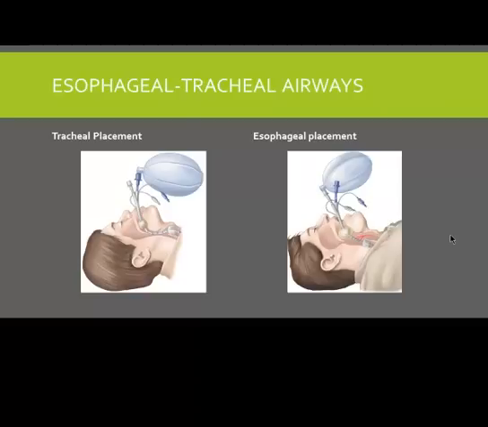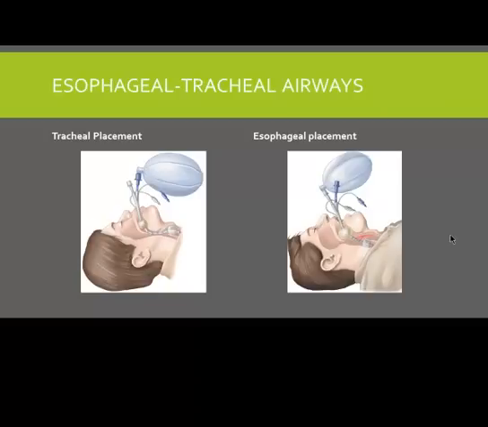All right. Esophageal tracheal airways. I will say this, we didn't talk about PTLs very much because we don't use them in this area. But you might want to read over that little section about PTLs. It's in your airway material, under the blind insertion airway devices.